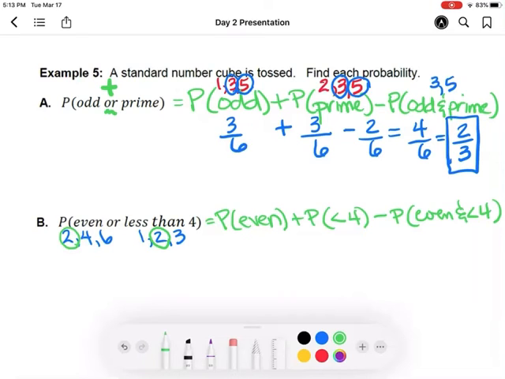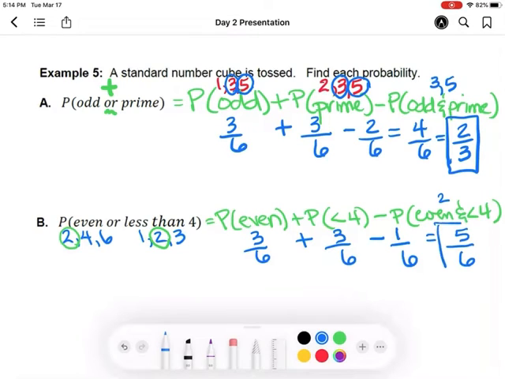The probability of being even is 3 out of 6, plus the probability of being less than 4, also 3 out of 6, minus the probability of being even and less than 4, which is the number 2, so 1 out of 6. We counted that 2 twice, so this would actually be a probability of 5 out of 6.